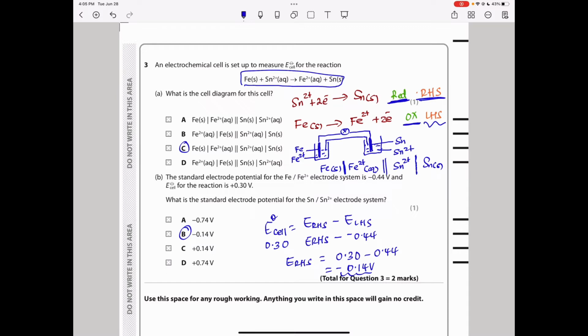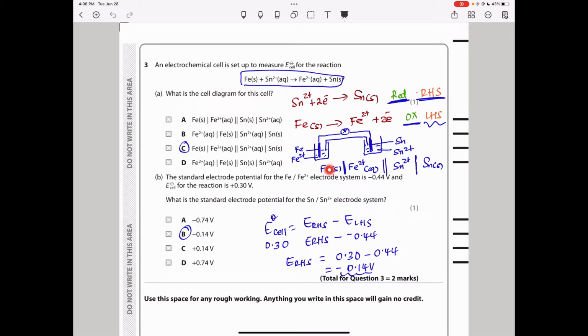So here they want us to choose which one is the perfect cell diagram. Now here we do not need to use any platinum since we have the metals and their ions, so that is good. So we need to make sure iron solid is going to be farthest because the most oxidized version is always closest to the salt bridge. Then there is a line to separate the phase between the solid and the aqueous.